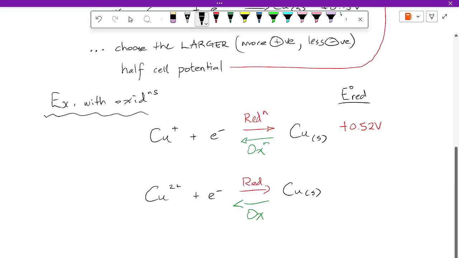So you can see if you were looking at an oxidation, the oxidations all go backwards, yes? The oxidations are the reverse reactions.